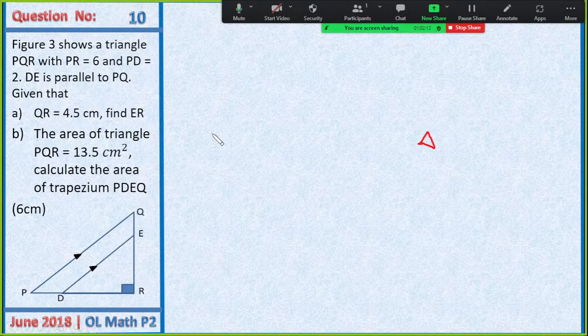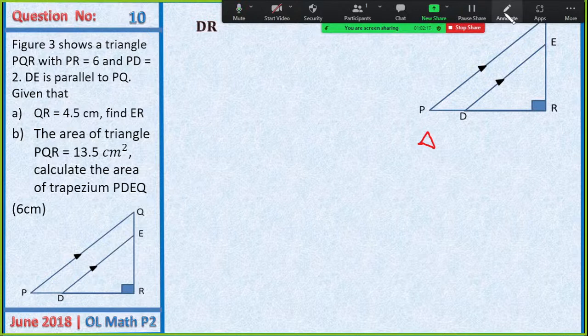So we are going to use the idea of linear scales.